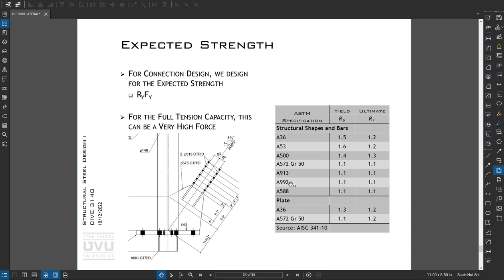A992 does. And so if we say design a connection for the expected force from the brace, and it's an A36 brace, we'll increase the yield strength 50% to make sure we have enough force in that connection in case what comes out from the mill is such high strength material, we still have the ability to design a connection that's strong enough for it.